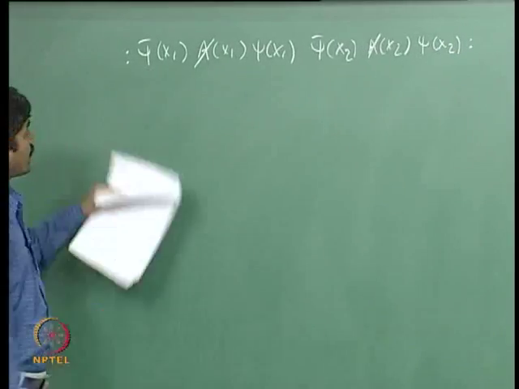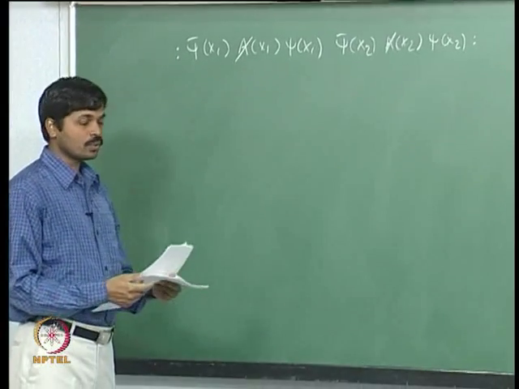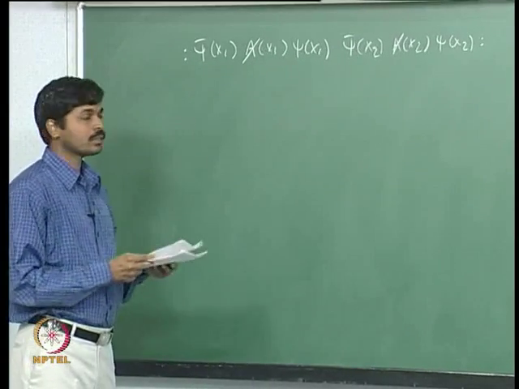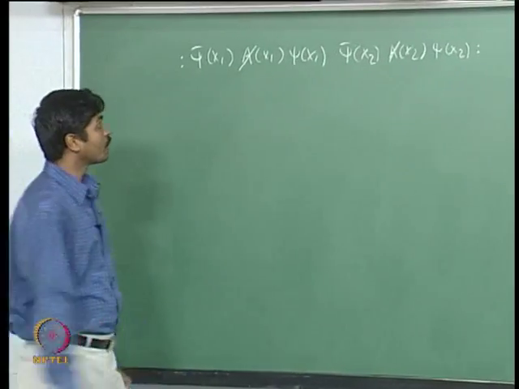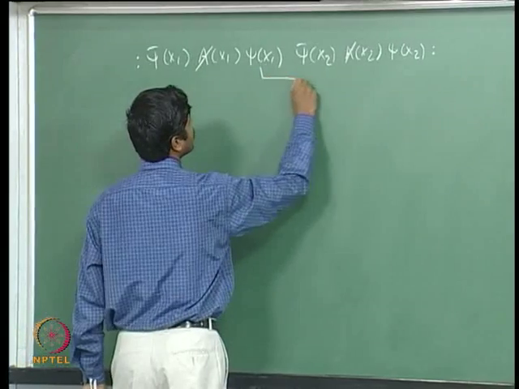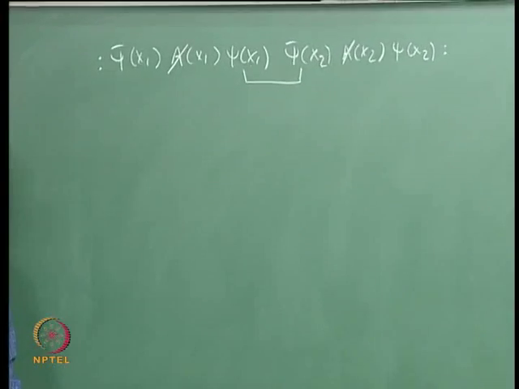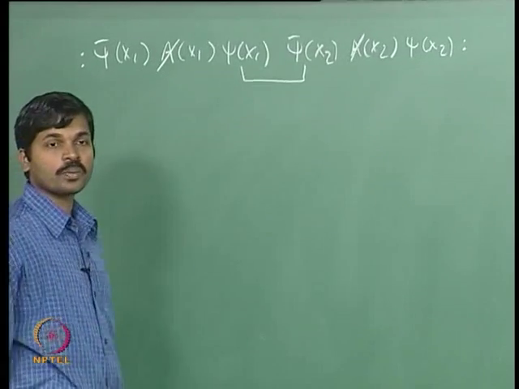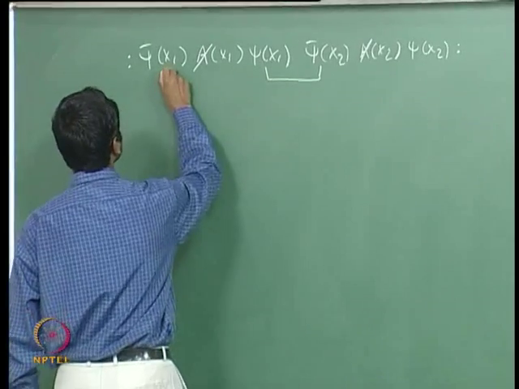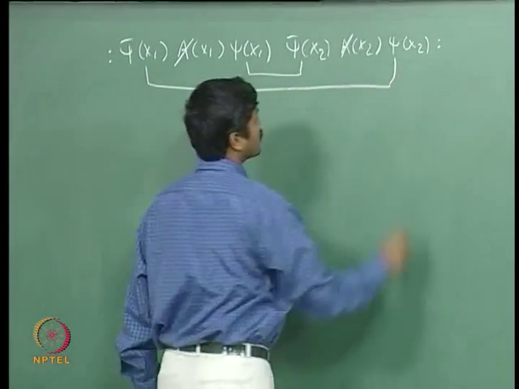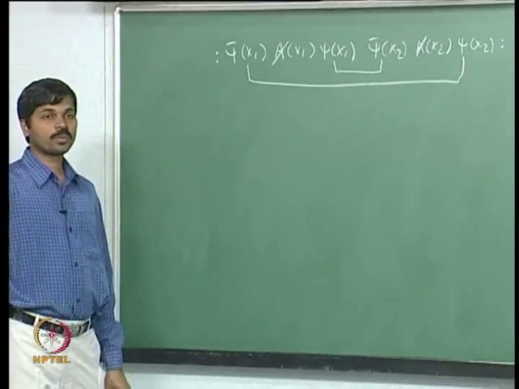The time ordered product of this quantity is what comes in the S matrix, and then you do the Wick expansion. In the Wick expansion you contract various terms, and whenever you have this contracted with this, you have an internal fermion line. Now to get a closed fermion loop, not only this has to be contracted with this, this also has to be contracted with this. This is the case when you will get a closed fermion loop.